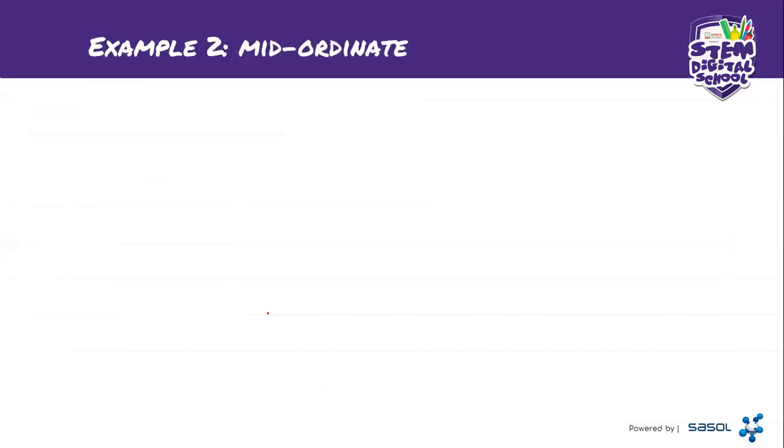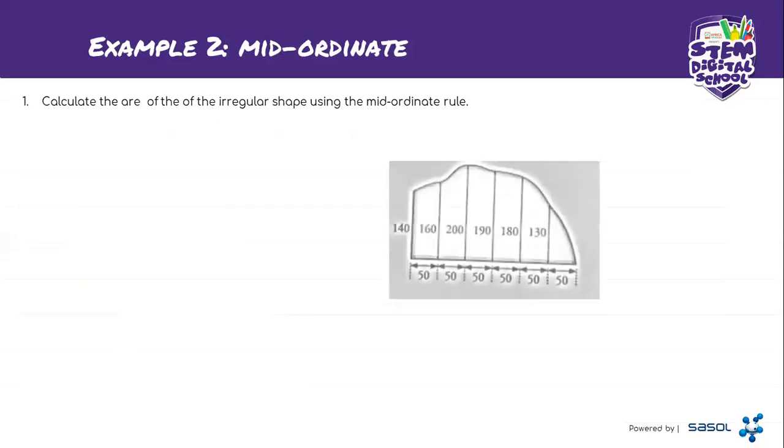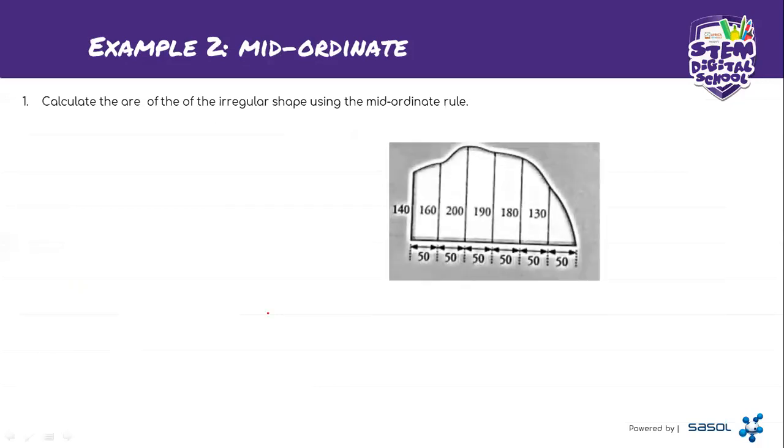Now let's get another question. Calculate the area of the irregular shape using the mid-ordinate rule. First, let's determine the mid-ordinates. You take the first ordinate plus the second one, divide by 2, and it gives us 150.